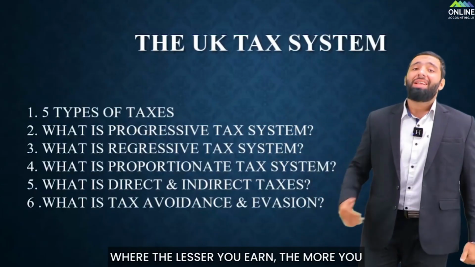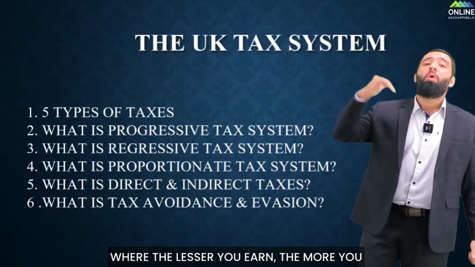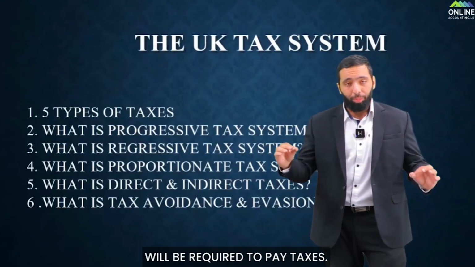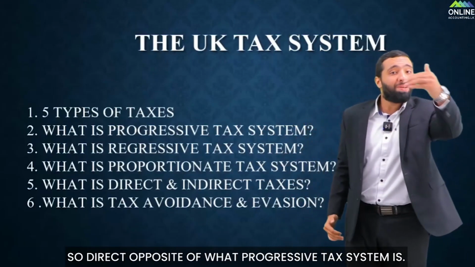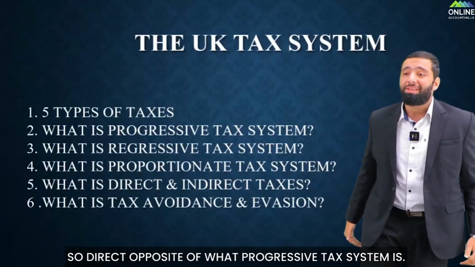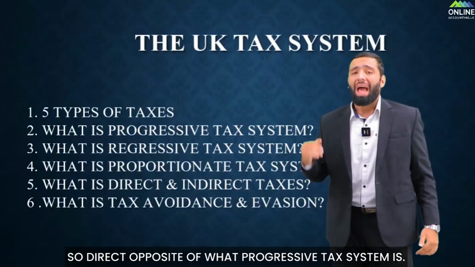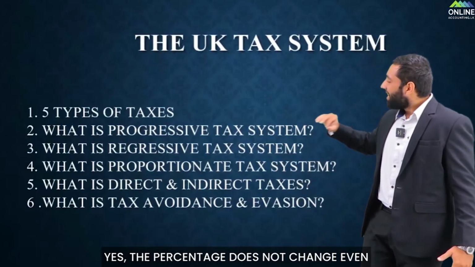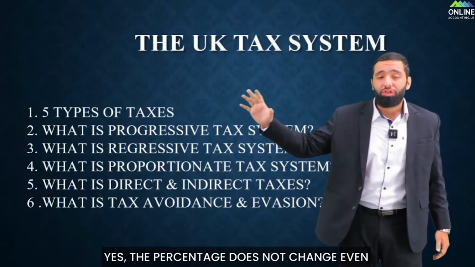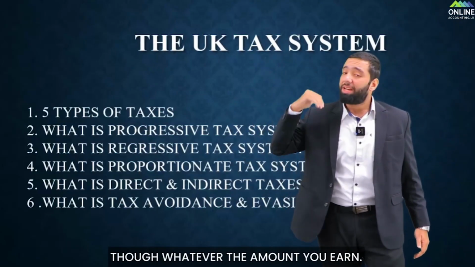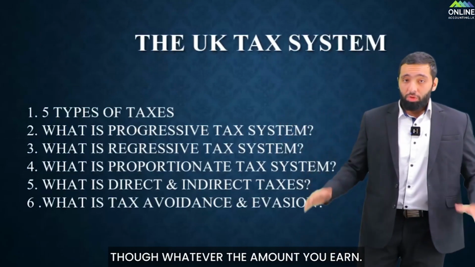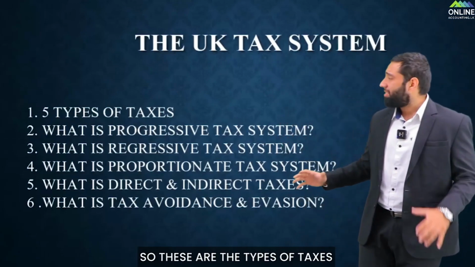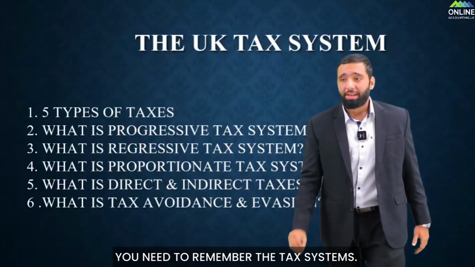This is where the less you earn, the more you are required to pay taxes, the direct opposite of the progressive tax system. And then the proportionate tax system. What is this? The percentage does not change no matter the amount you earn. So these are the tax systems you need to remember.